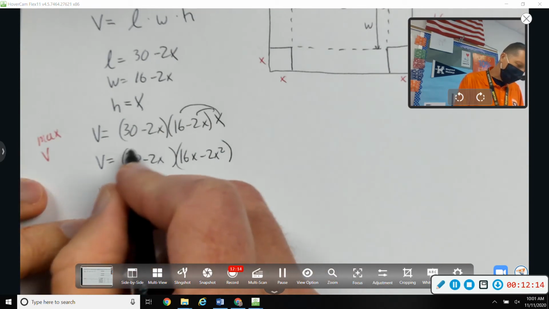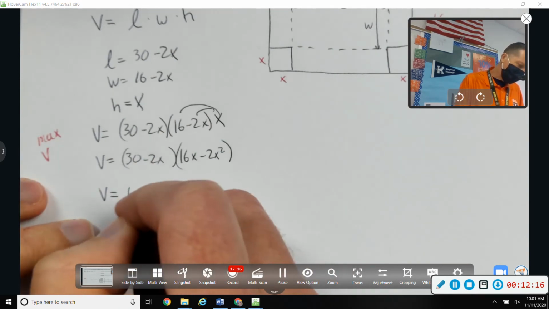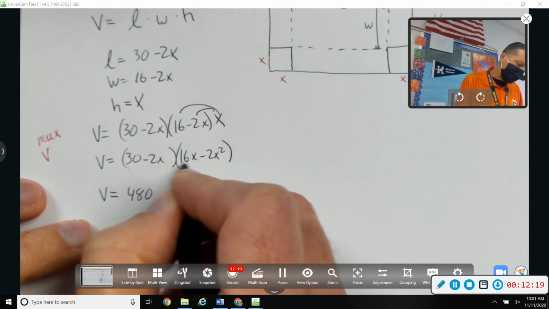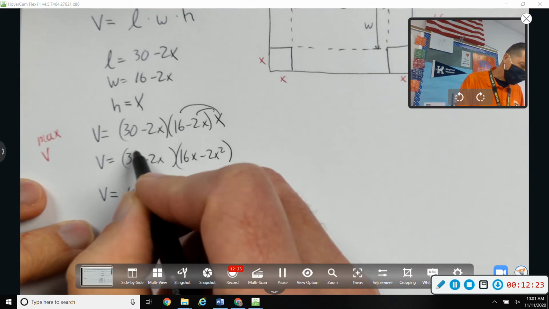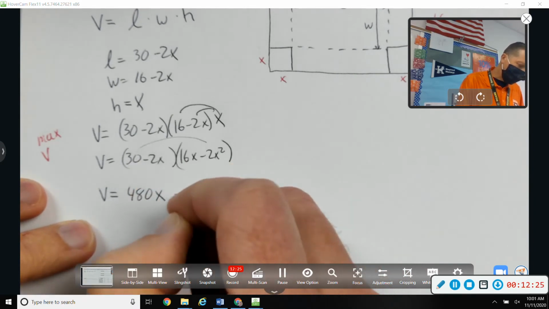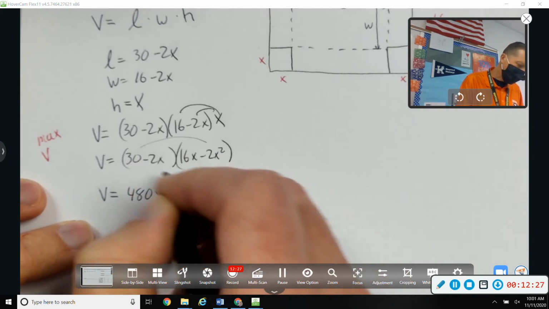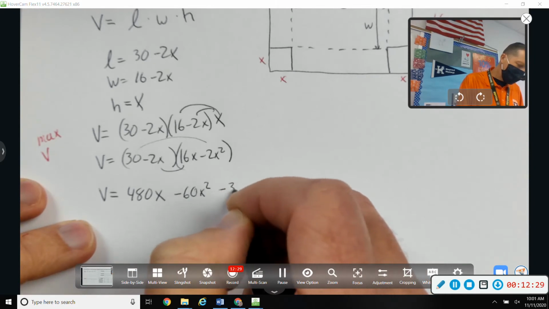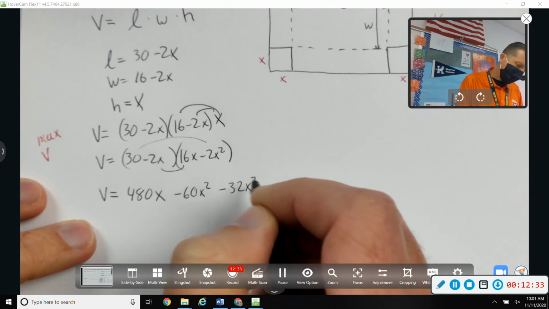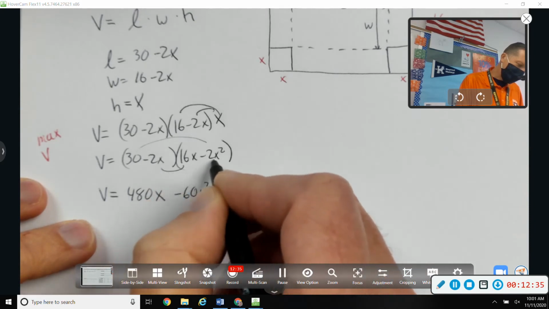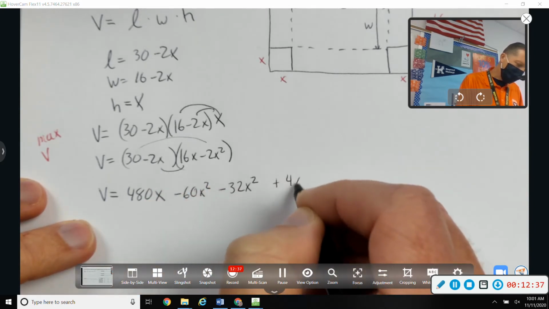So let's see. First, 16 times 3 is 48 with a 0, so 480x. Outside, minus 60x squared. Inside, minus 32x squared. And then last, plus 4x cubed.